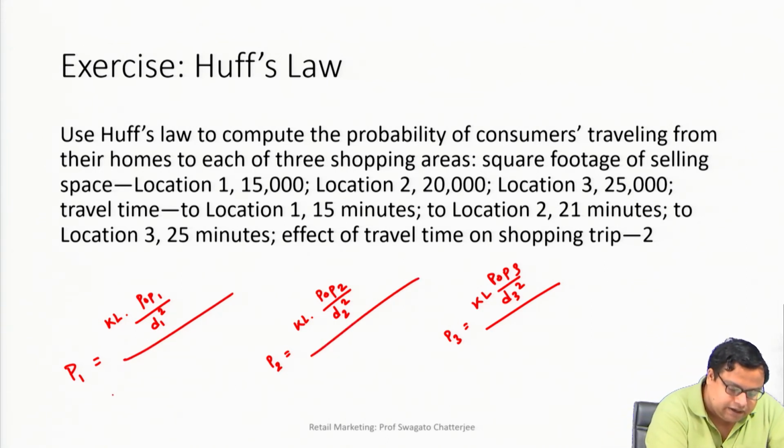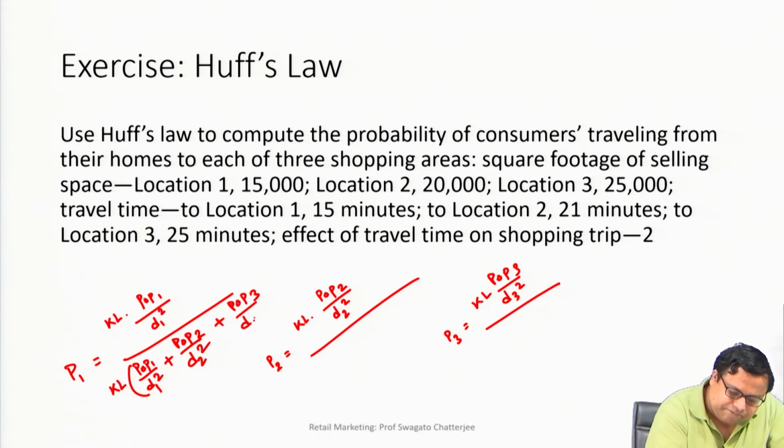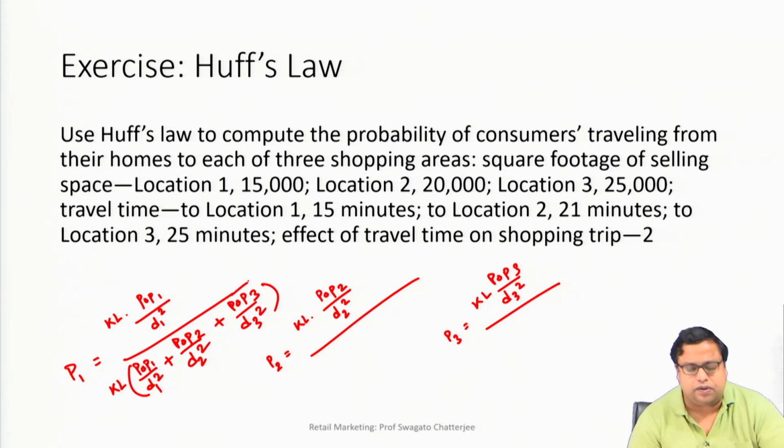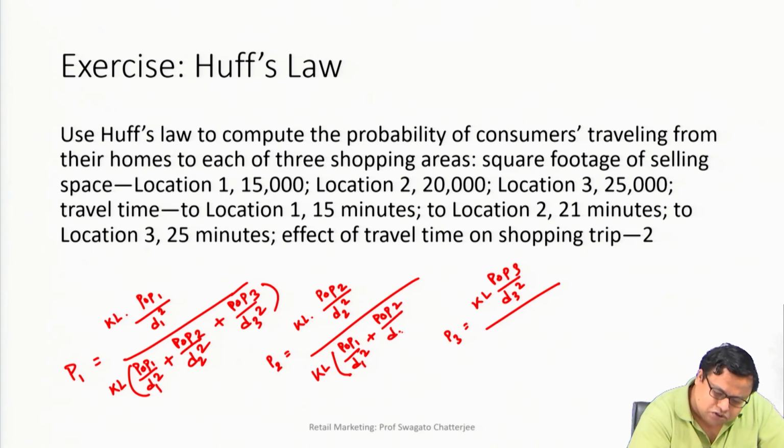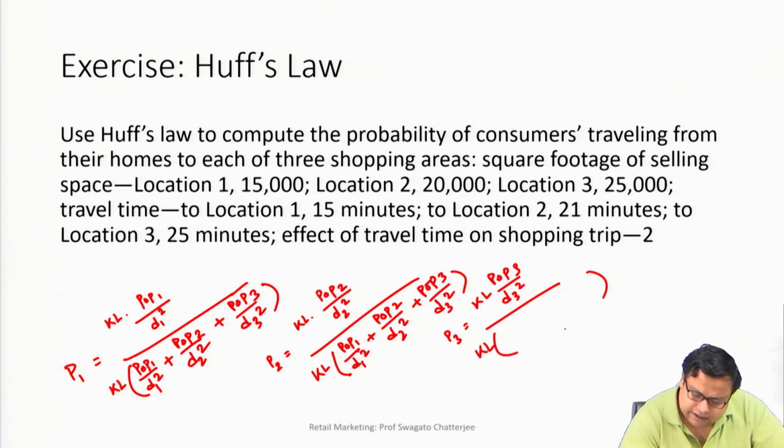So, basically here it will be KL population 1 over distance 1 squared, plus population 2 over distance 2 squared, and population 3 over distance 3 squared, because these are the 3 retail stores which are competing. Similarly, here it will be the same thing, and the same exactly here as well.